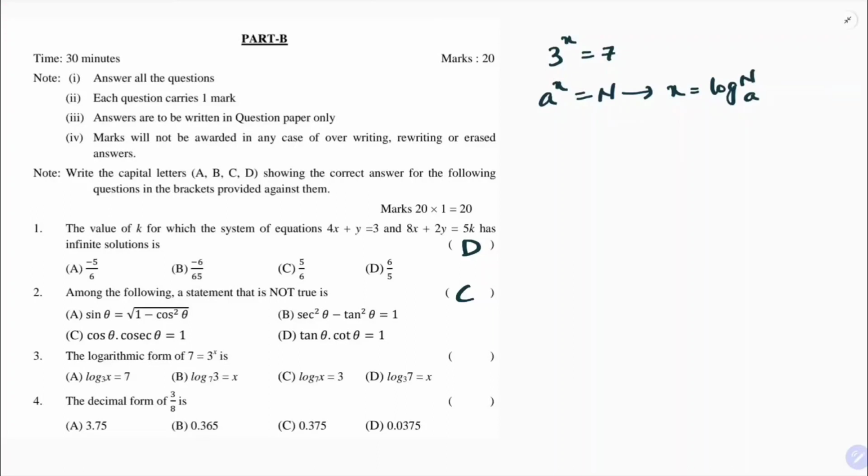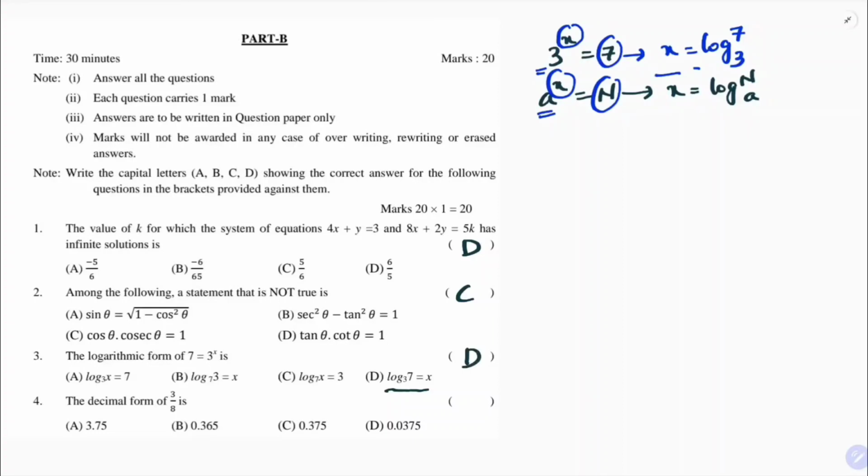If I compare, in place of n we have 7 and in place of a I have 3. So x equals log 7 to the base 3. So the correct option is D.